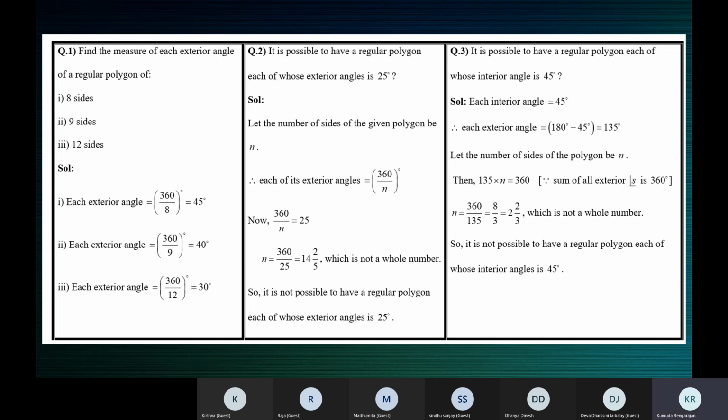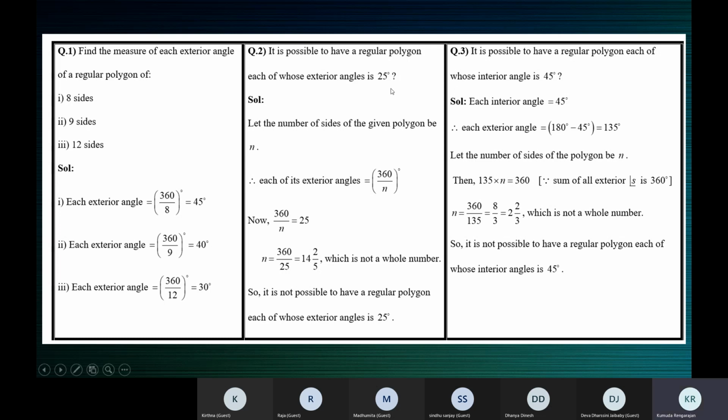Children, your answer yes or no is based on the number of sides. The measure of an angle can be a fraction, it can be a decimal, but number of sides, you can say 4 sides, 5 sides, 6 sides. You cannot say 7.5 sides.